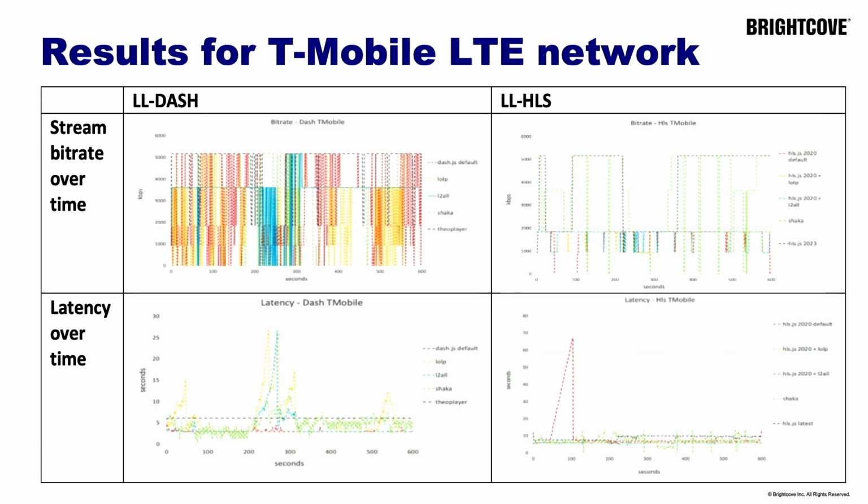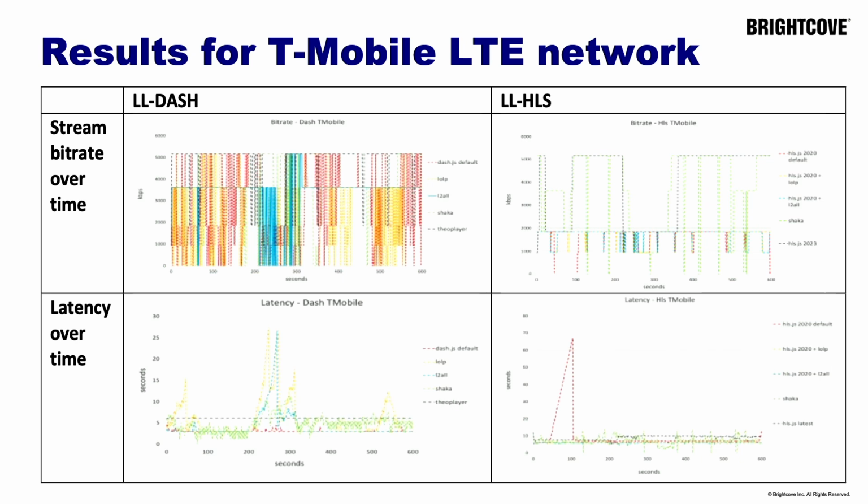We will first look at the low latency DASH stream bitrate. On the top left corner, we see that all the players change bitrate quite frequently during the 10-minute session. This is particularly true for the Dash.js default algorithm and also the LoL algorithm.